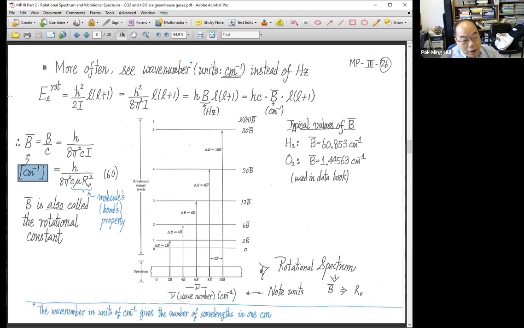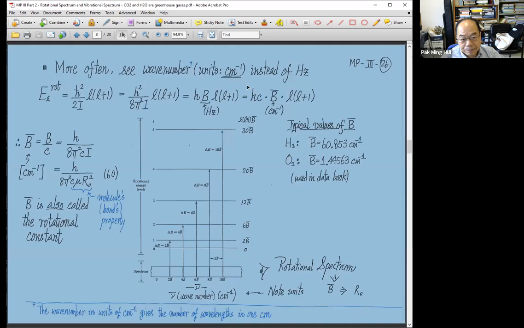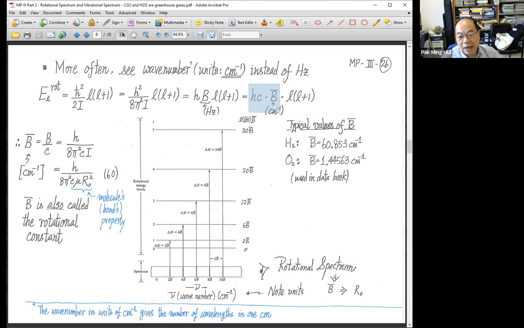So when you turn the energy into something like hc times something that is a wave number, this combination is an energy. Okay, then this is called the rotational constant. Therefore, when you look at a data book, you better check what unit is given there.